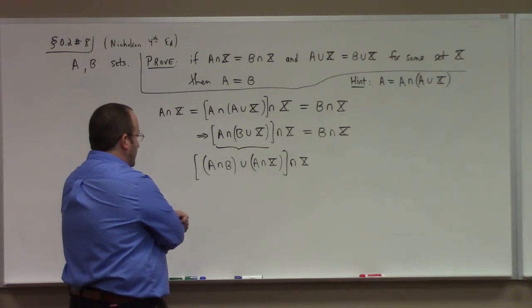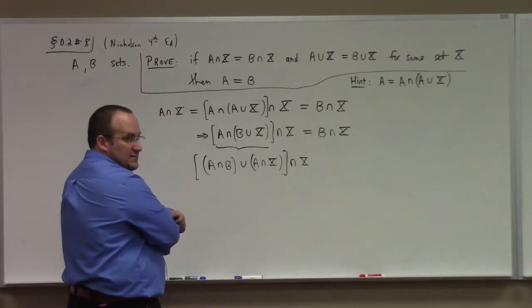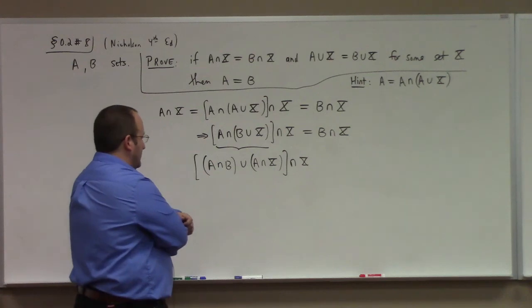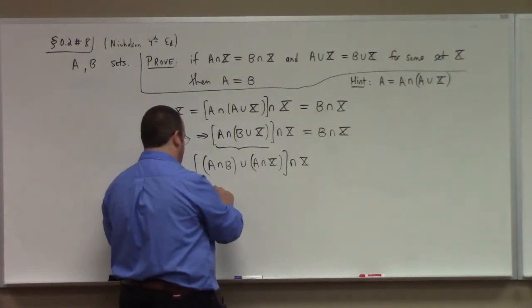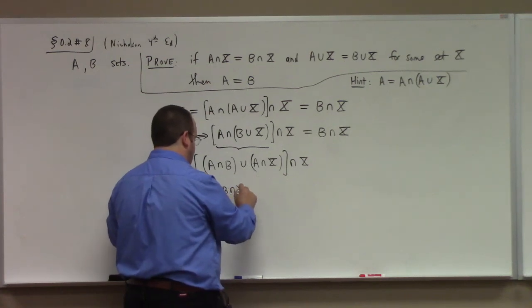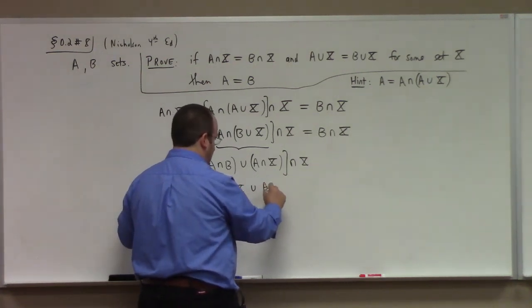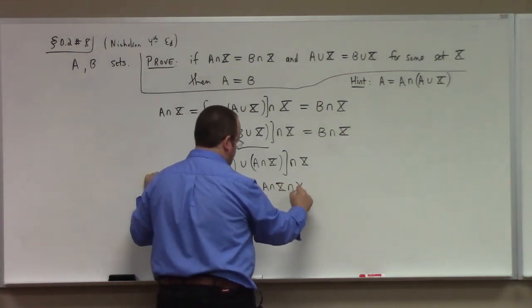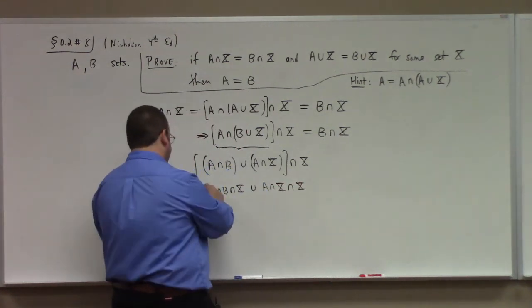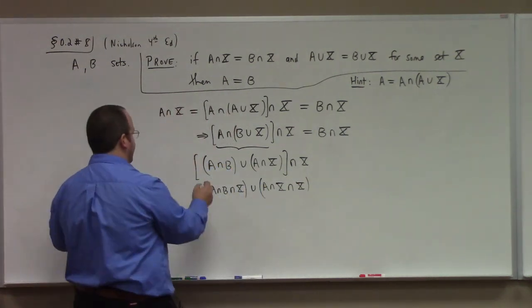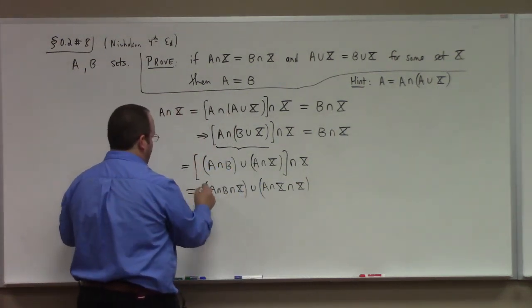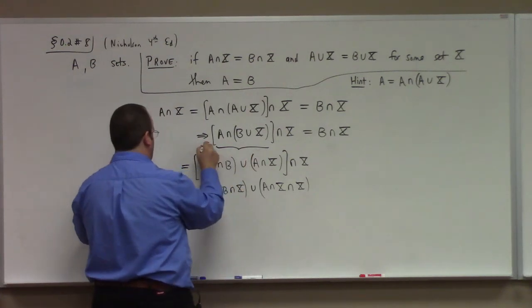Now, if we could show that A intersect B was equal... Oh yeah, we can do it again. I don't know if that helped or not, but A intersect B intersect X, union A intersect X intersect X. Sorry, bad notation.